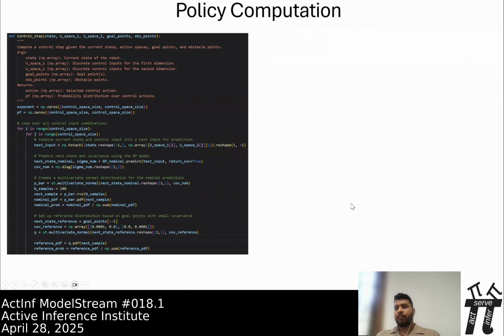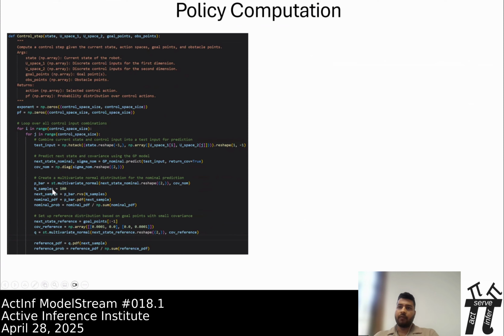The policy computation code takes the initial state, your control space, because we have two inputs, so you have two control or action spaces, the goal points and the obstacle points, and in this case it gives out a 5x5 matrix of probabilities, a probability function, from which you can also sample the action that will go to the agent.